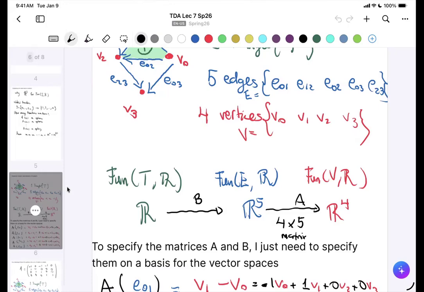But for the one-dimensional piece, there are five edges, so instead of working with R, you work with R5, one per edge in a sense. And because there are four vertices, which are the zero-dimensional part of the structure, that gives you R to the four.